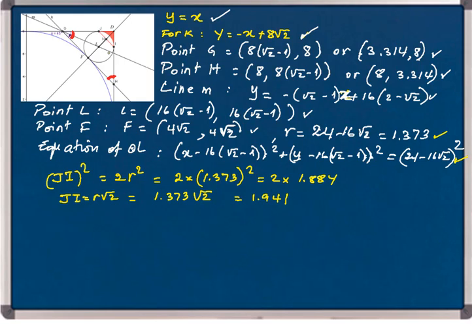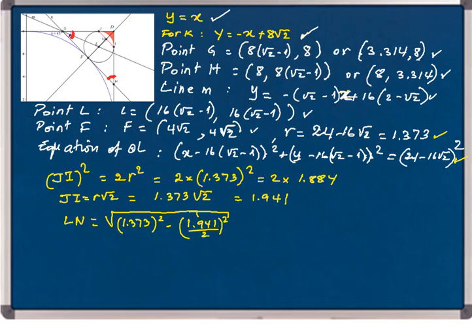Okay, so we have that one. So for LN, we know we have the radius here, and we have half of JI here, so we can find LN. So LN is equal to the square root of the radius squared, 1.373 squared, minus half of JI, 1.941 over 2, squared.